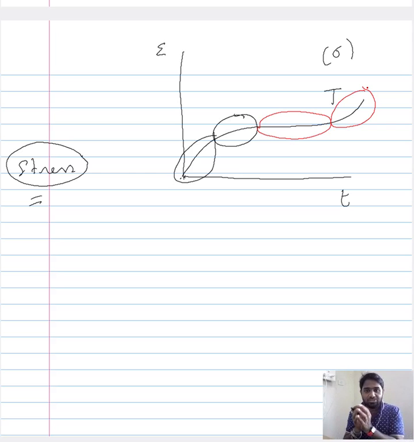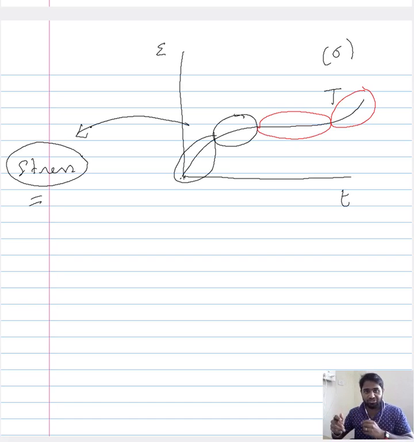We related each of these stages to the behavior of the material and found the factor that is responsible for each of these stages. And now we are able to see that in the first stage that comprises the instantaneous creep and the transient creep, it is stress that plays a dominant role.